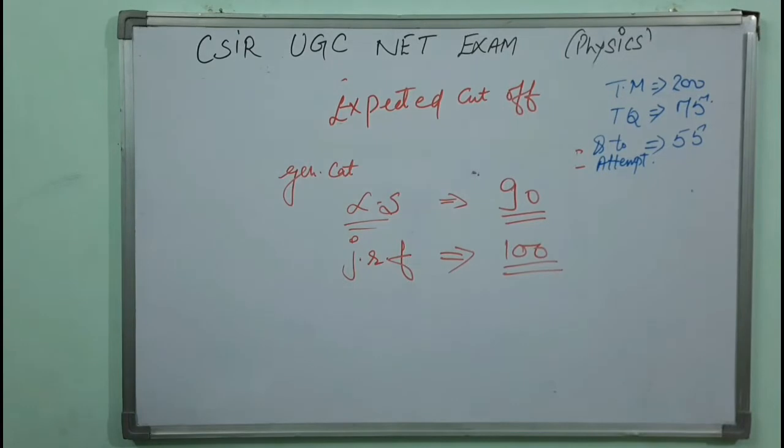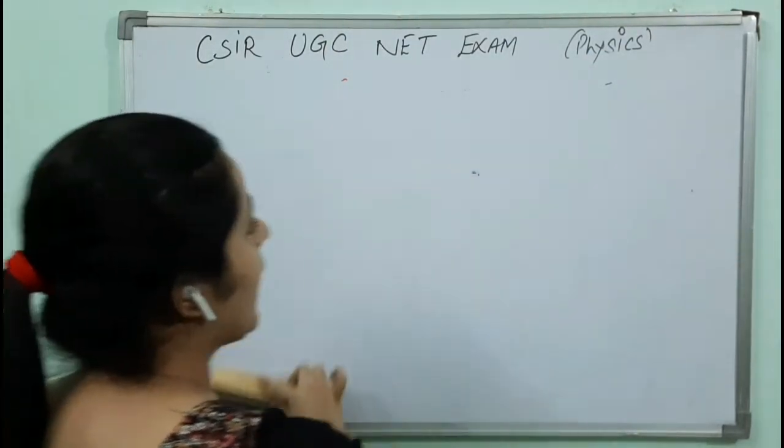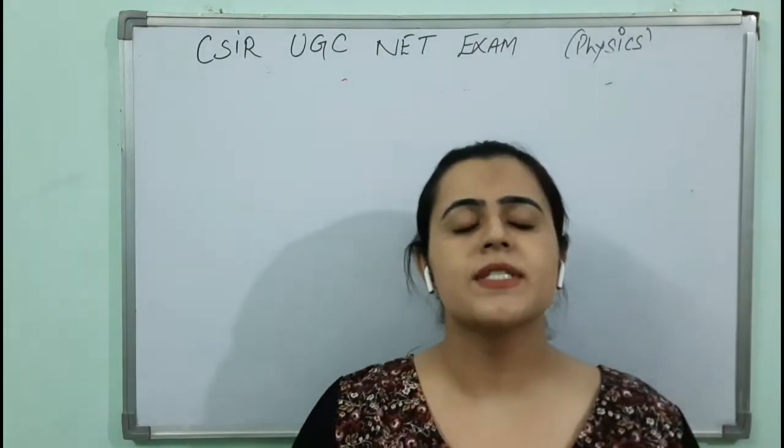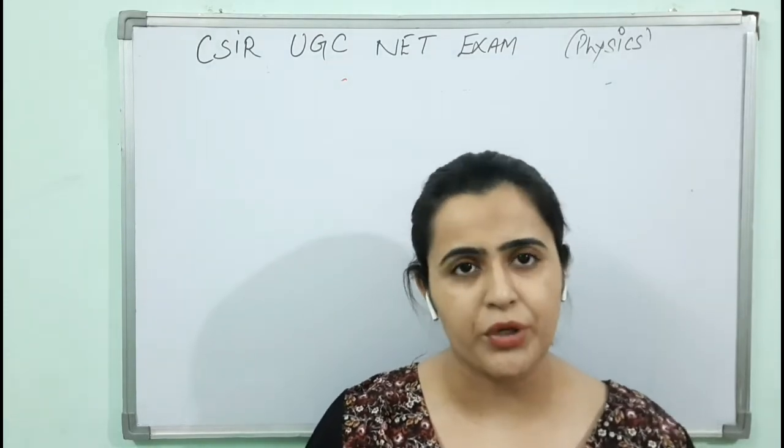Now, I will tell you the core part. What you have to do in part A, part B, and part C. Basically, part A consists of CSET. In CSET, you have to attempt reasoning as well as quantitative aptitude.